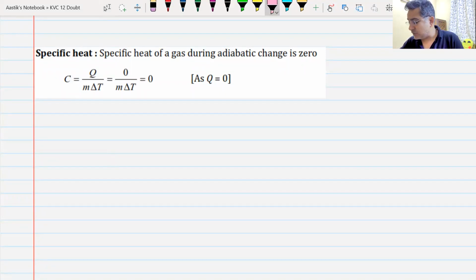You must understand that there is no heat exchange, so it is 0 divided by something, and therefore the specific heat capacity or specific heat for this process has to be 0. Have you noted it down? Done, sir.